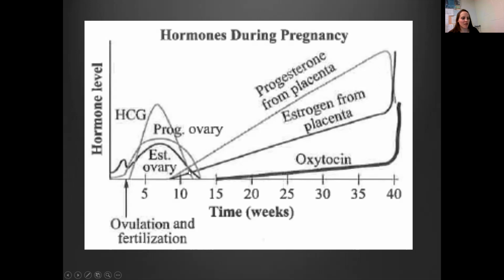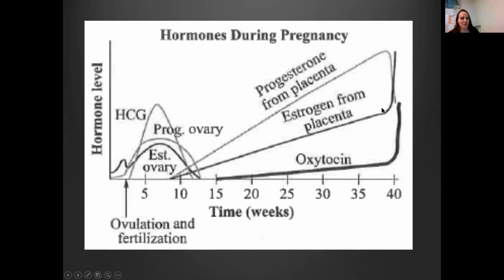But while that drop off is happening, we have a buildup of progesterone and estrogen that's coming from the placenta directly. And then at week 15, we slowly have this buildup of oxytocin until right when labor happens and you have this big spike of oxytocin here.